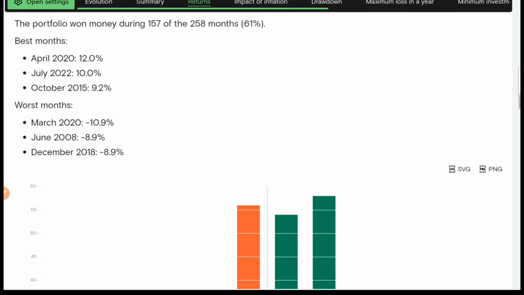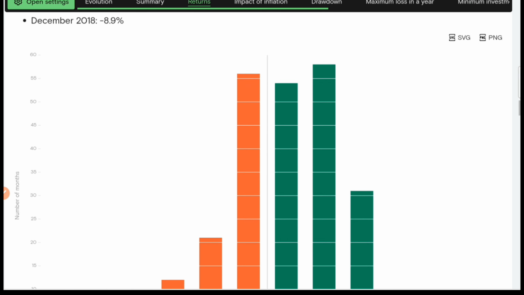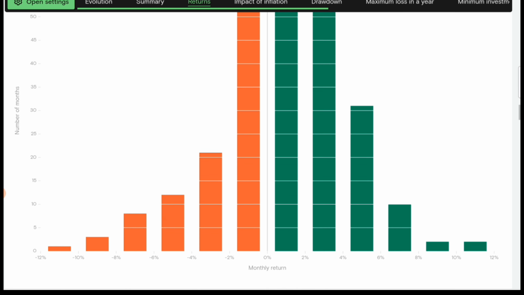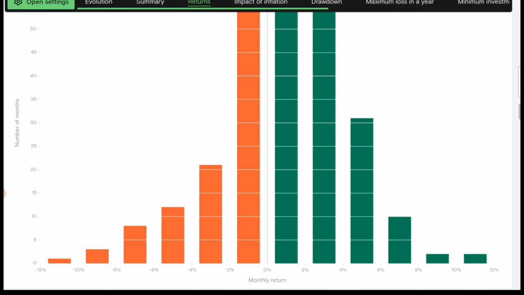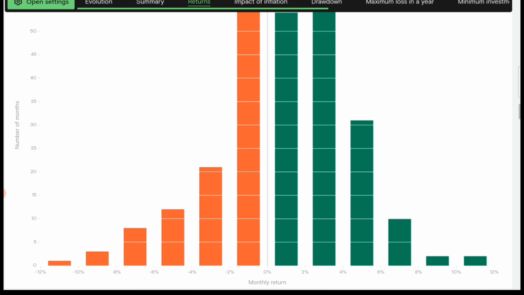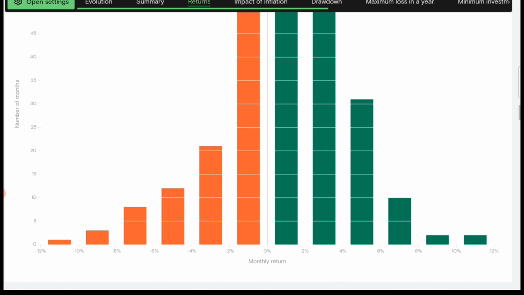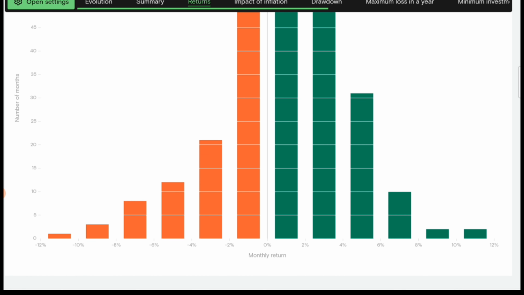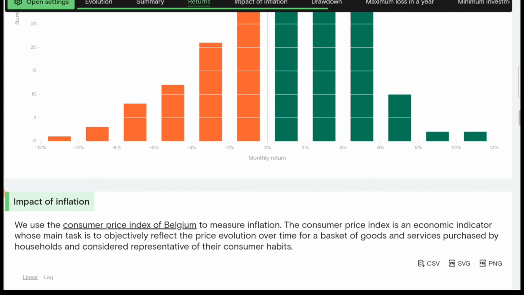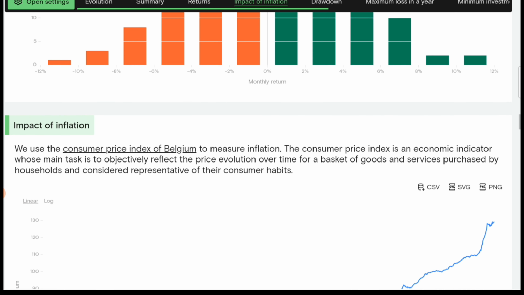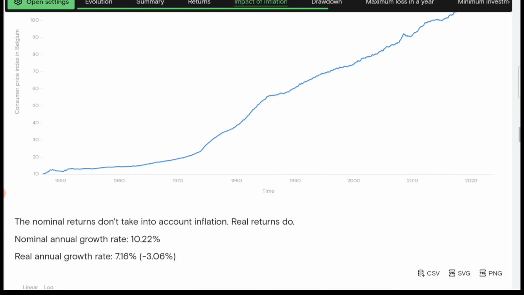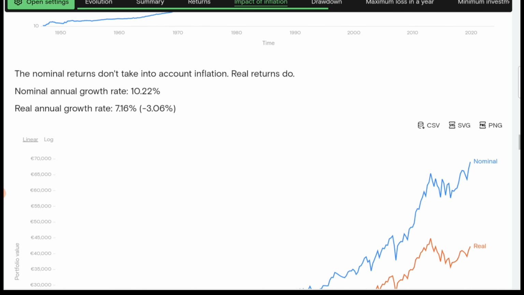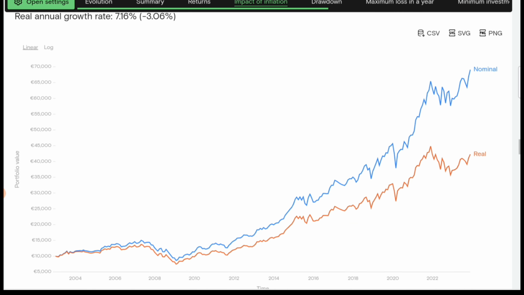So again, for me, the balance of these indicates that these shares have done particularly well when they've done well. So we've got more green than we have red. But for me, the one that makes a real difference is, let's have a look, once we take inflation into account, what was the real performance of this split portfolio with 90% of it in the S&P?